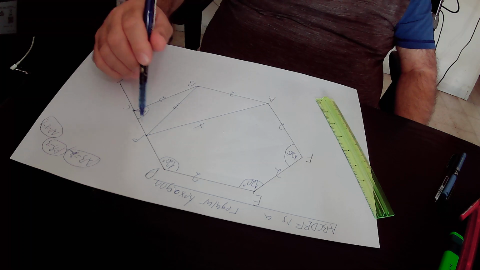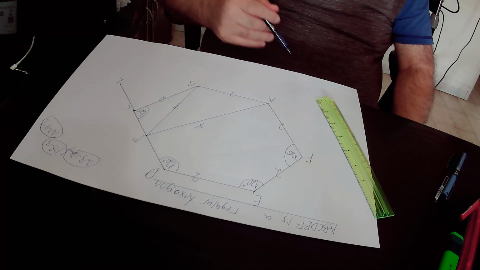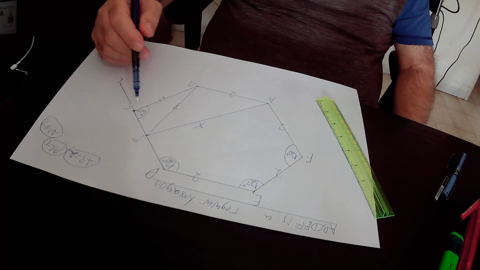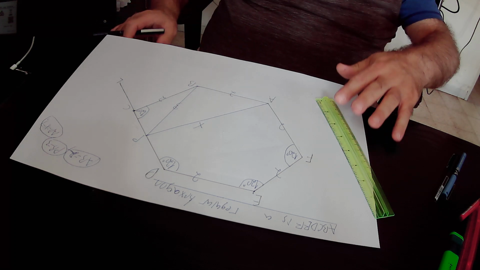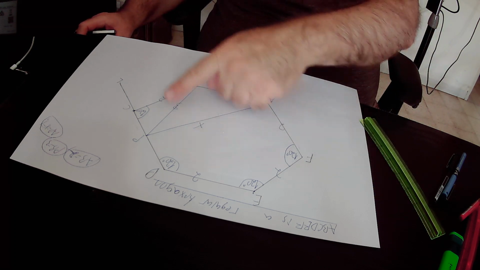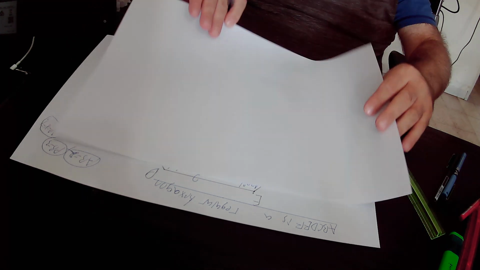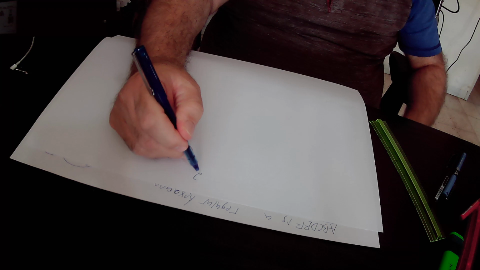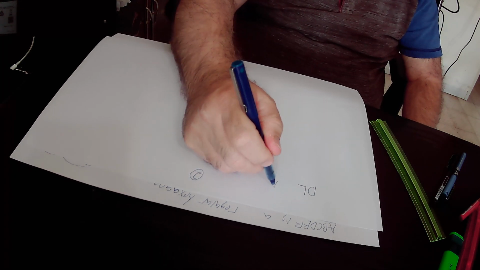And when we extend DC by a straight line, the result must be a straight line, because when you extend a straight line by a straight line, the result must be a straight line. So I can write down that DL is a straight line.